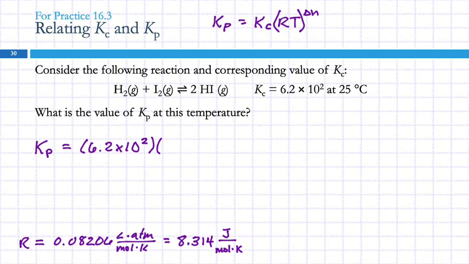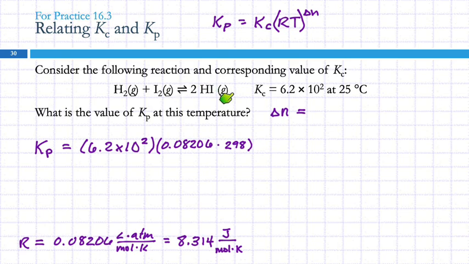So we're going to have 0.08206 times the temperature in kelvins, so 298, and that's going to be raised to the power of delta n. Delta n is the number of moles of gas products.